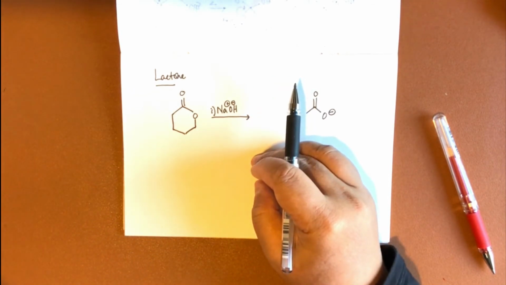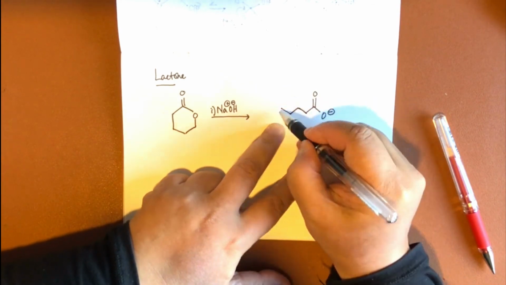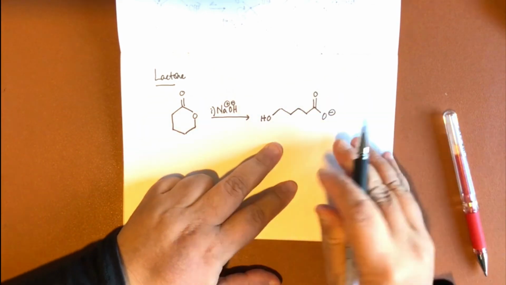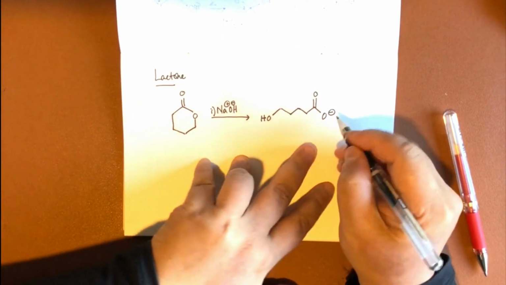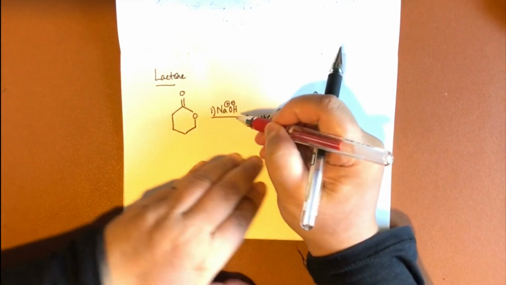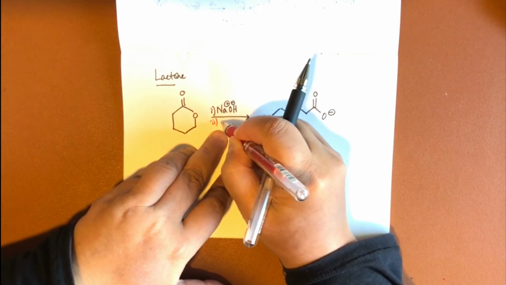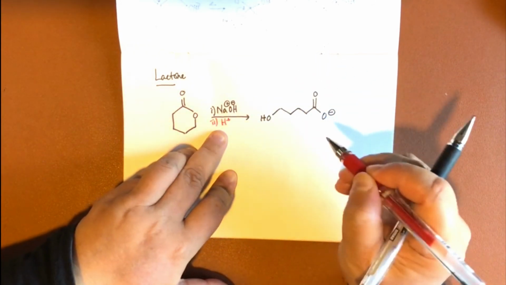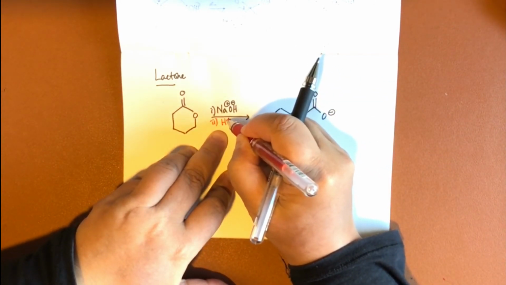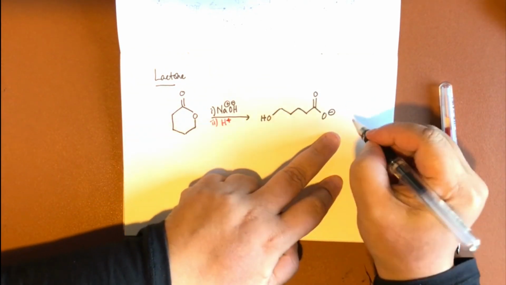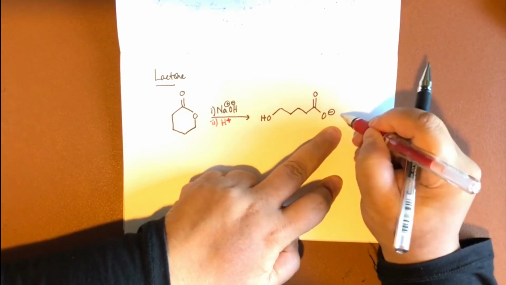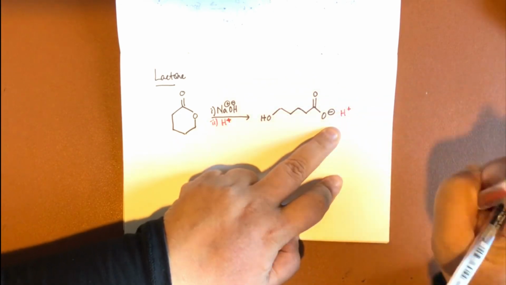And if you want it to make a carboxylic acid, you have to add the acid at the end in the workup. So only then it will become carboxylic acid.